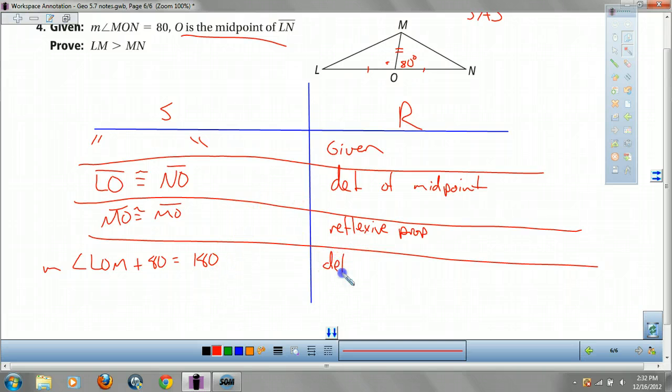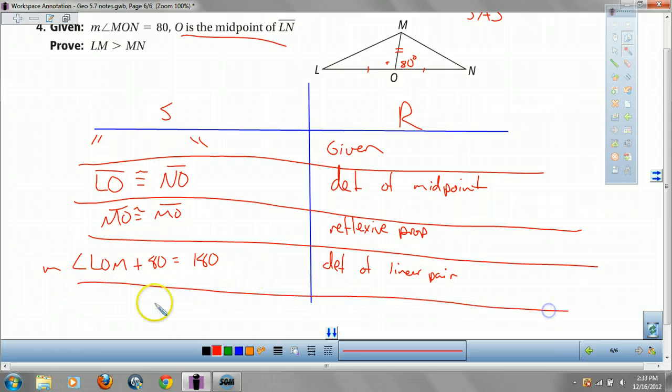Because they are a linear pair. So then could I say the measure of angle LOM equals 100 by our good old subtraction property? Yeah, because we subtracted 80 from both sides. Okay.